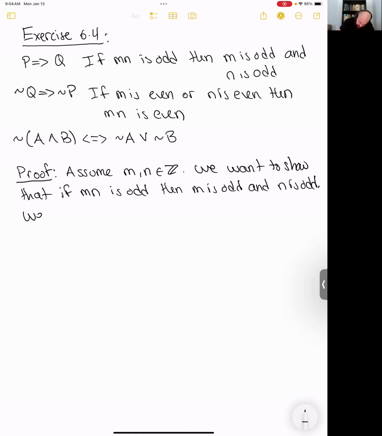We proceed by contrapositive. Again, if you're going to prove something by contrapositive, you have to tell the reader that, otherwise they could get confused.